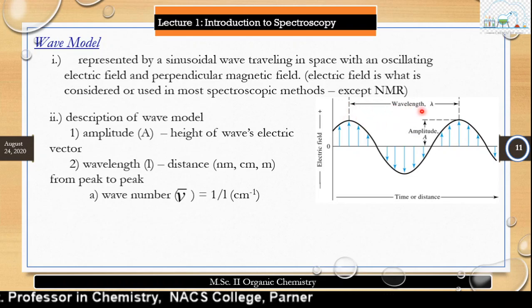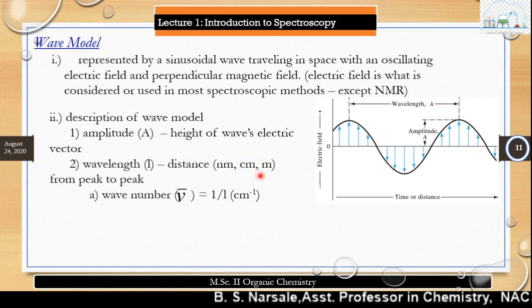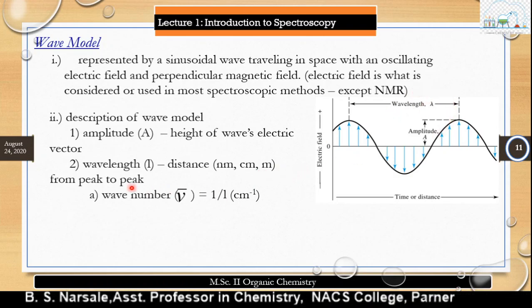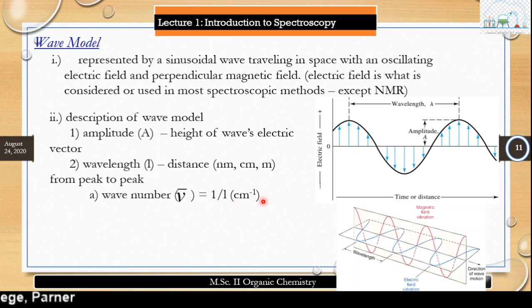Wavelength is the distance between two peaks. We take a crest or a trough and determine the distance in nanometers, centimeters or meters, which is called the wavelength. And wave number is just the reciprocal of the wavelength, hence it is shown in centimeter inverse.